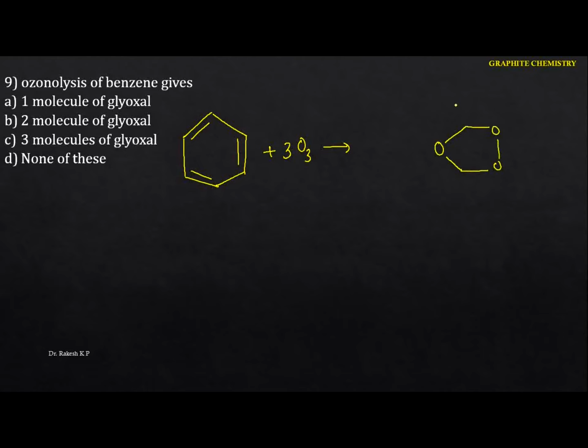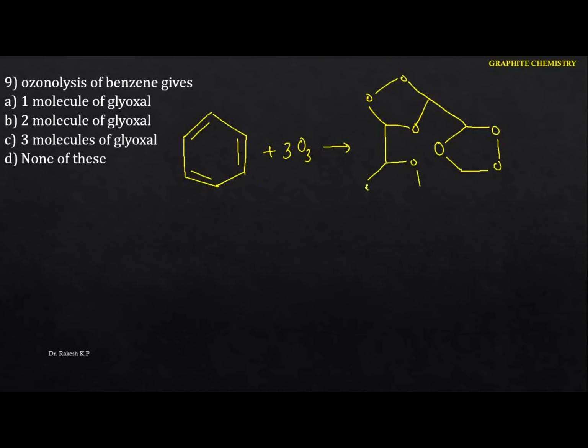Next, here we have the single bond, and again here we got the ozonide. So you have to break the particular bond here. Next, again we have this single bond, which remains as it is, and again here we can identify the ozonide.